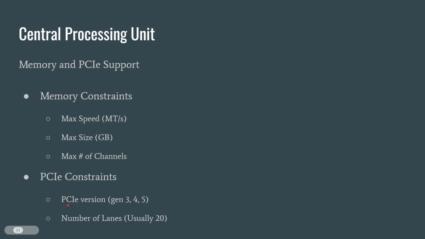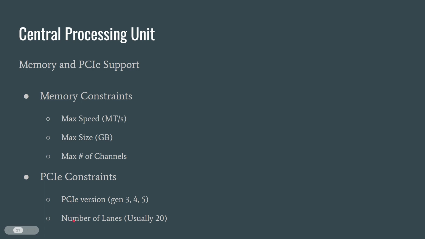Inside of PCIe, there are different generations, like 1, 2, 3, 4, 5, and in the future we'll probably make 6, 7, 8, and so on. The greater the generation, the faster: Gen 5 is faster than Gen 4, and Gen 4 is faster than Gen 3. Your CPU will typically only support, say, up to Gen 5.